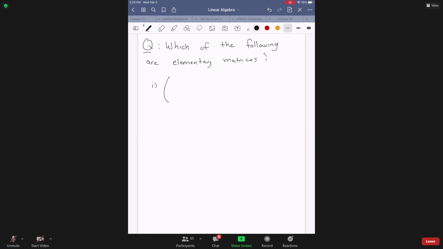Let's look at these matrices: 1 0 0, 0 3 0, 0 0 1; then 1 0 0, 0 1 0; then 1 0 0, 0 0 1, 0 1 0; and this one, 1 0 0, 0 2 0, 0 0 -1.